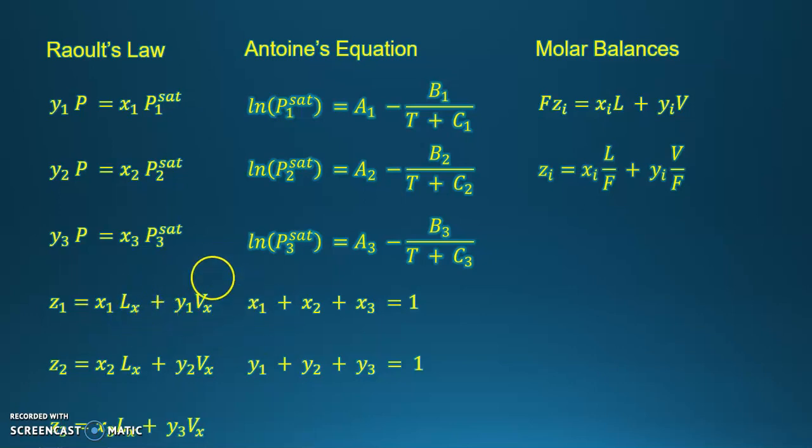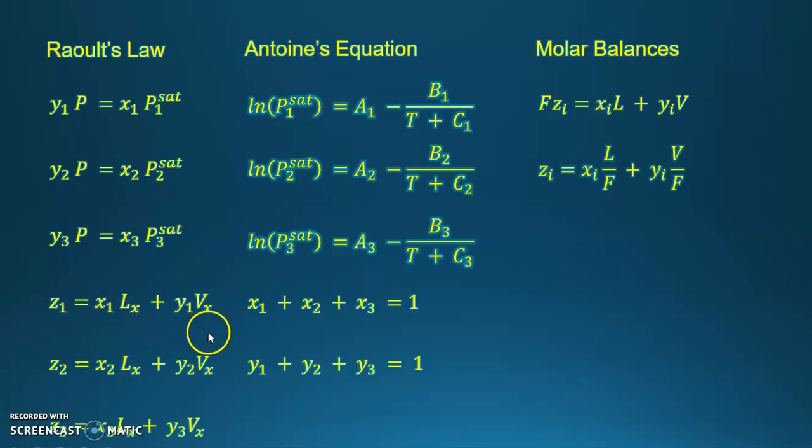Same thing for VH, which makes reference to V over F. So we have three global molar balances because we have three components in this problem.